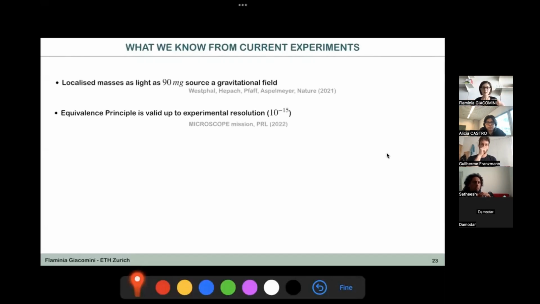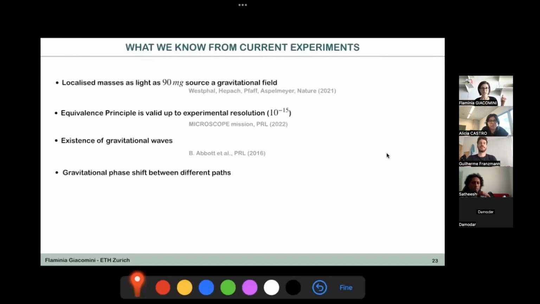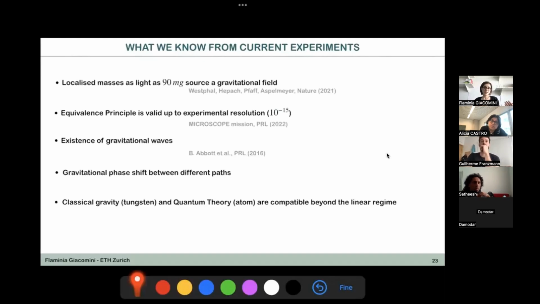Then we know that the equivalence principle is valid up to experimental resolution. Then we know that there are gravitational waves. And then from this experiment, we know that there is a gravitational phase shift between the different paths of an atom interferometer. And then we know that classical gravity, basically the tungsten source, and quantum theory are compatible beyond the linear regime.